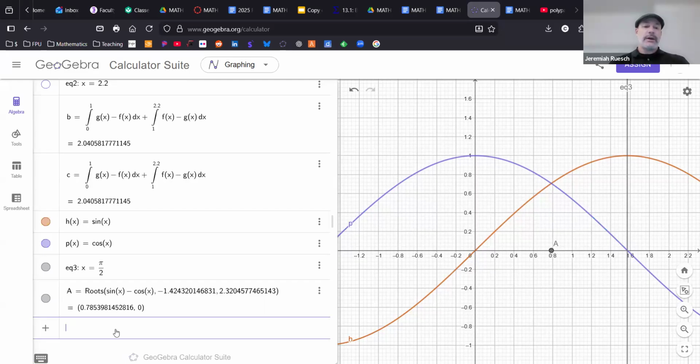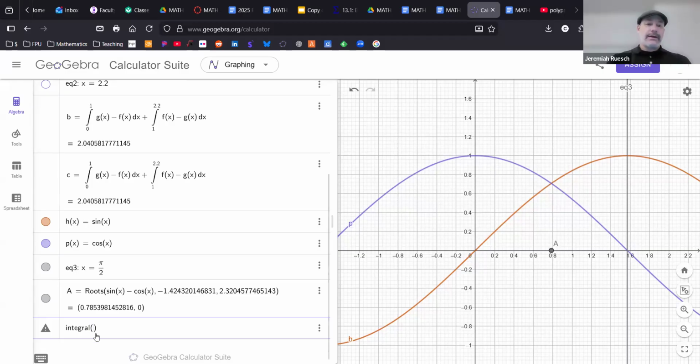And so I'm going to take the integral, and I have my upper function. Remember, the orange one is the sine function, and it is the upper curve on the interval from pi over 4 to pi over 2. Sine of x is the top function, and the bottom function is the cosine of x.